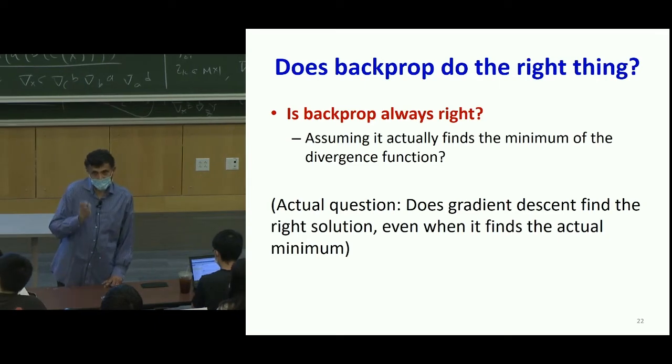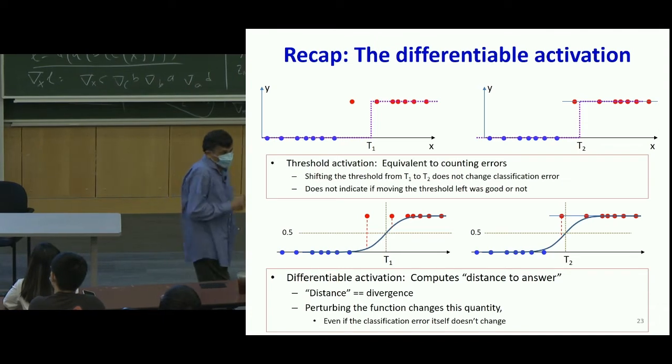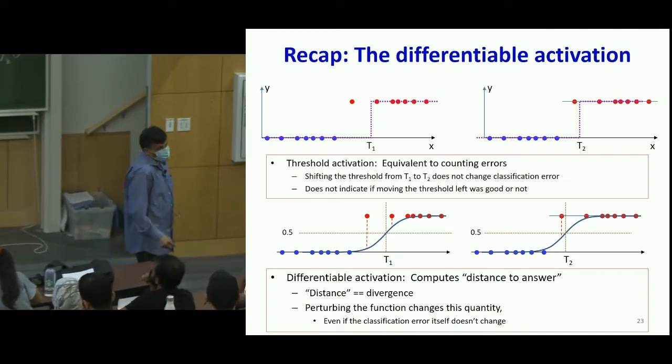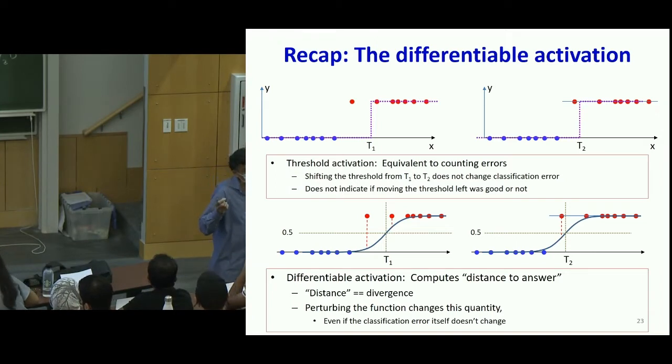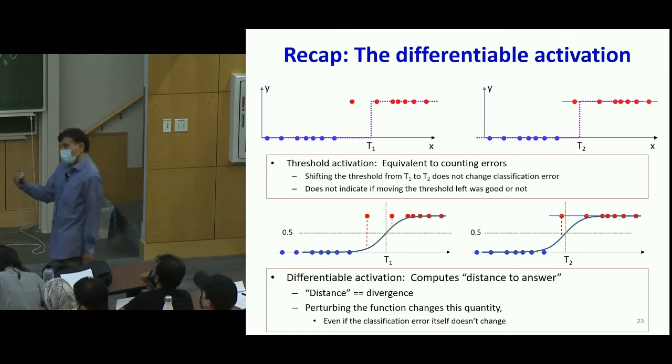Always, right? So to ask this question, let's go back over here. Remember that you want to train your network to minimize classification error. That is really the objective, right? When we were using threshold functions, we saw that changing the threshold didn't affect the output.